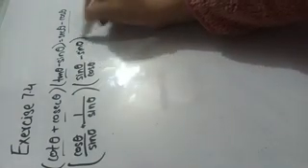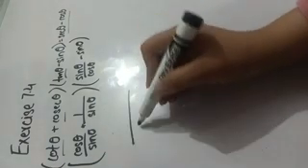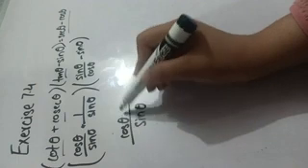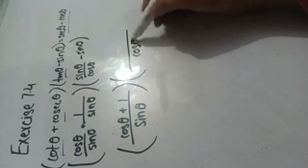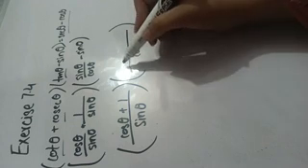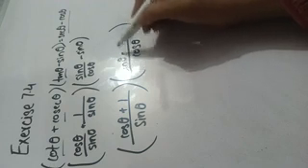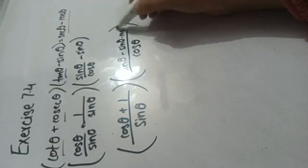Okay. So taking the LCM of it, its LCM will come out as sine theta cos theta plus 1, and here taking the LCM of it, cos theta is equal to sine theta minus sine theta or cos theta.